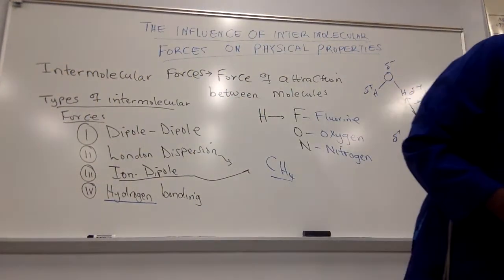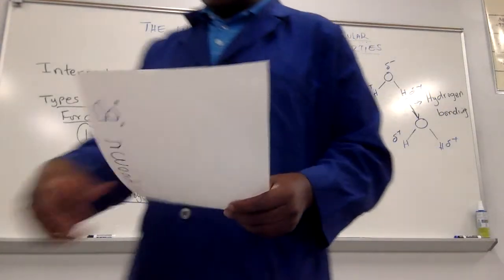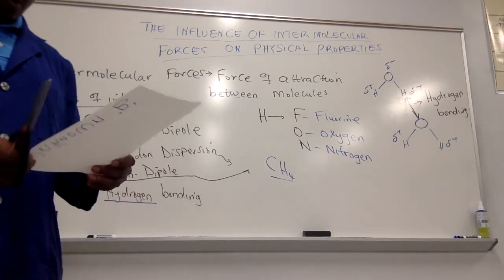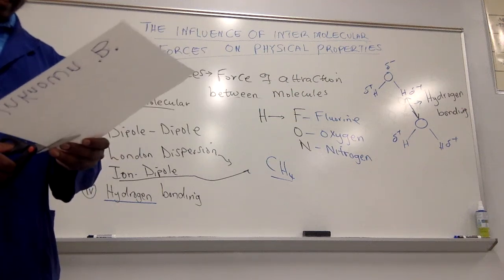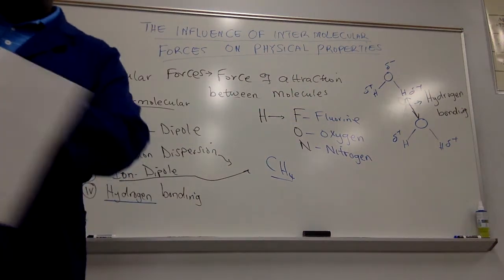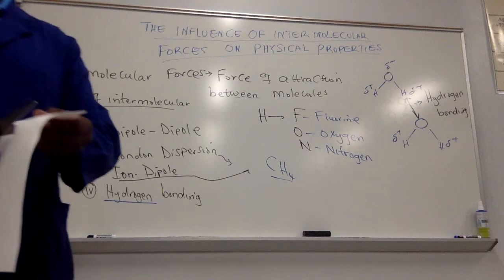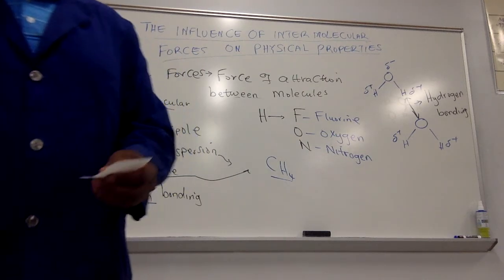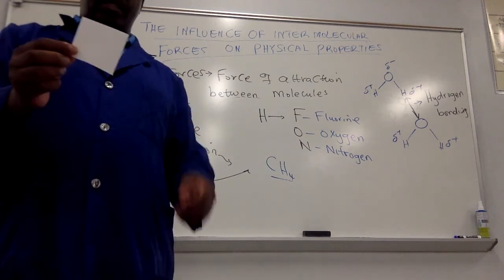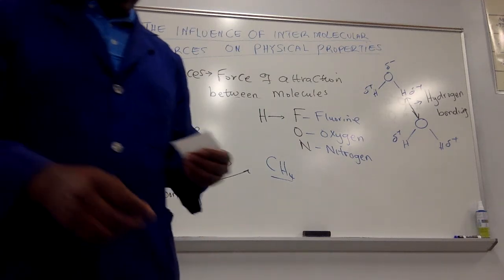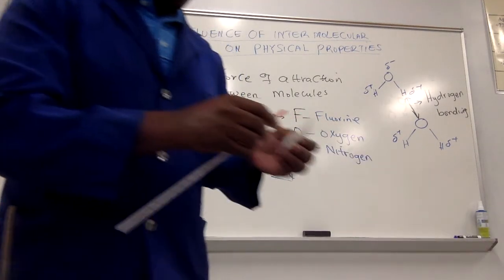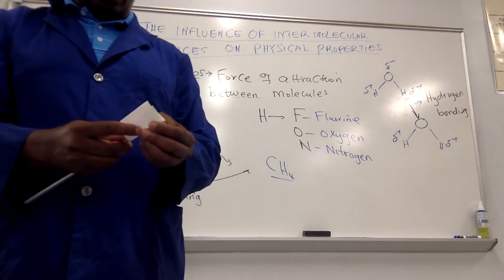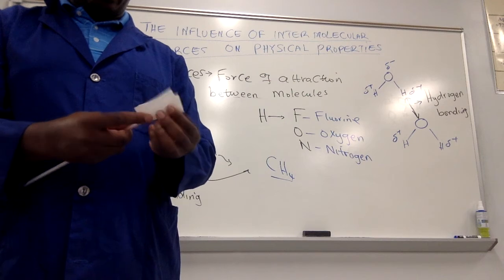Let's see. What are you going to do with the three substances you have? What you need to do is cut a square. I'm just going to cut, it doesn't have to be exact. So this is what you need, a square, and you may want to wrap it around or fold it.